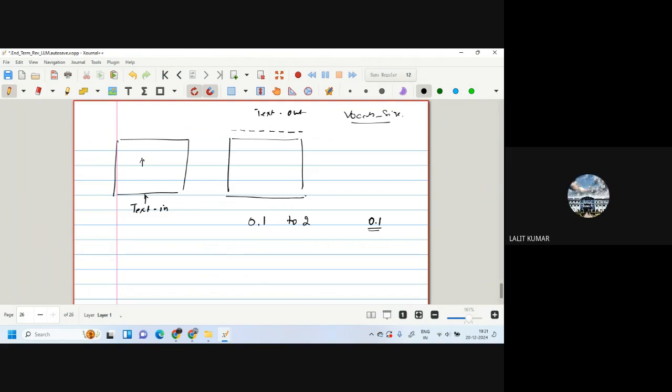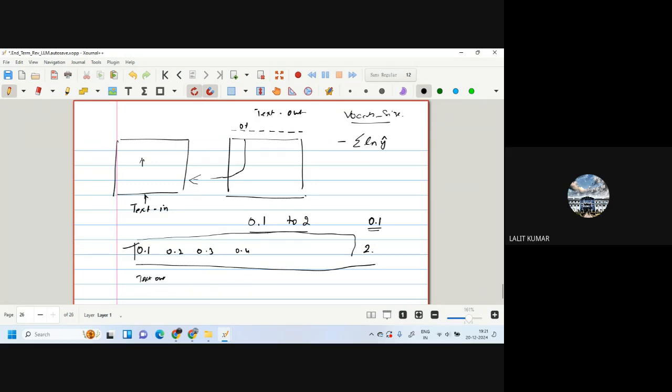So I can make the values 0.1, 0.2, 0.3, 0.4 up to 2, and consider these as text out. When I'm training, I know that for this text in, my answer should have been 0.1, so I do the loss. I can have the same objective function, a summation over the text out. So I can use it without changing the objective function.